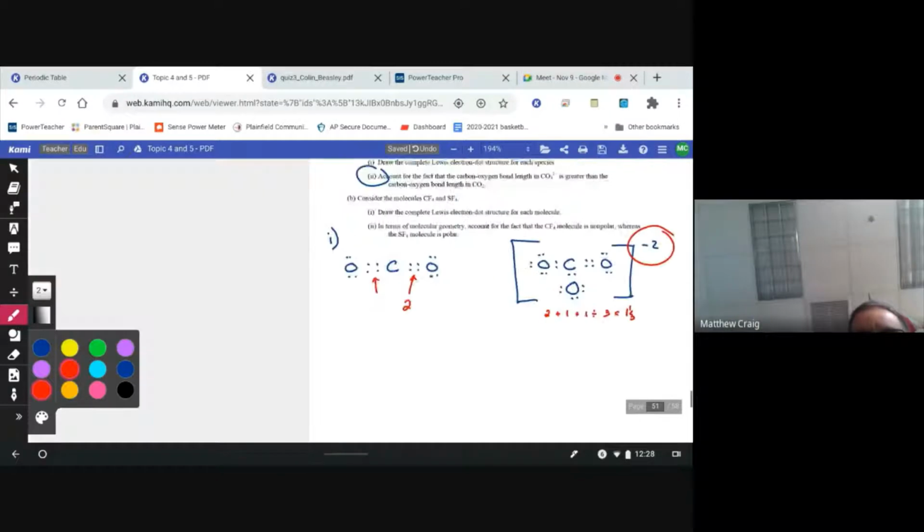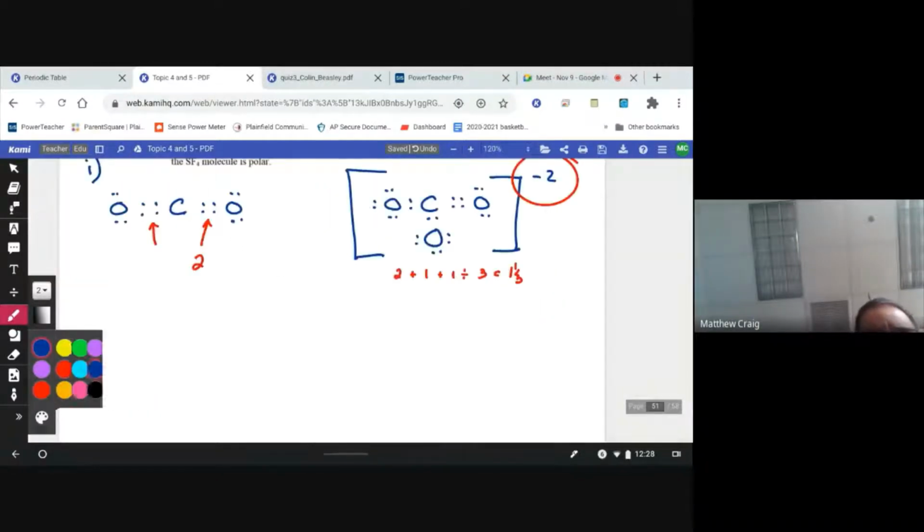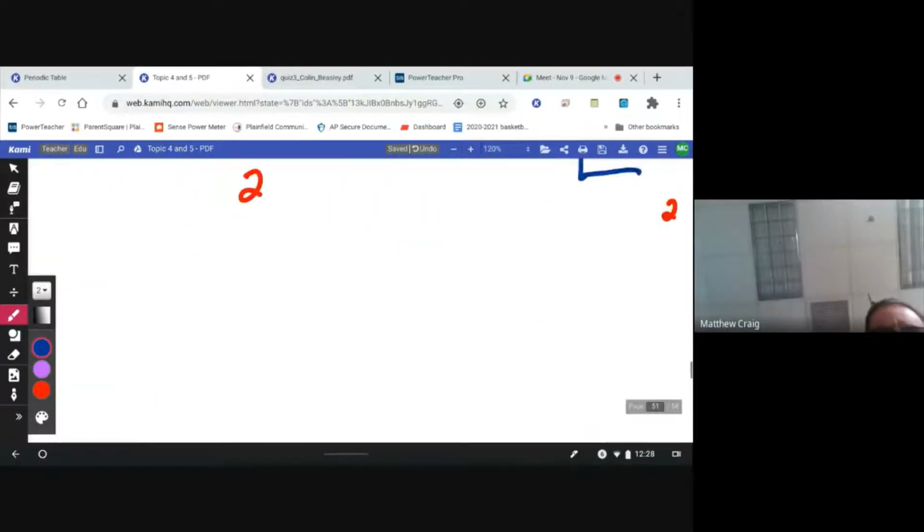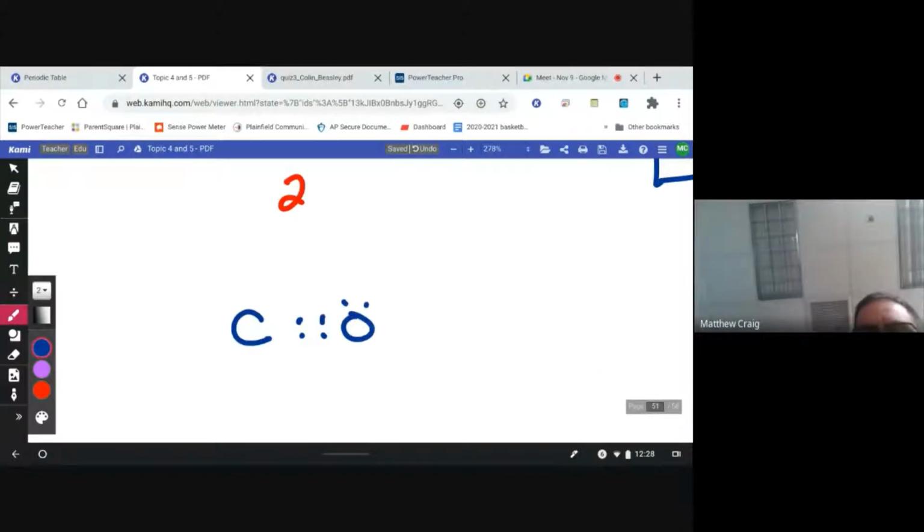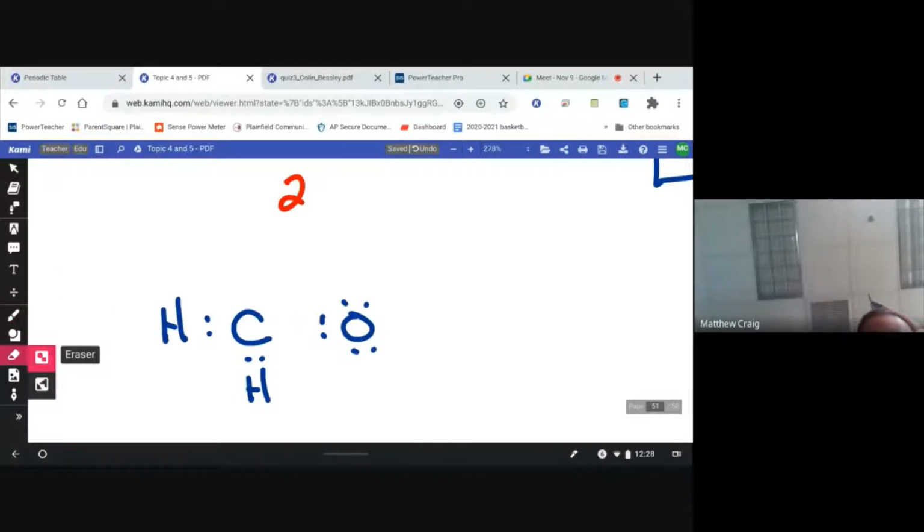Also, let me throw out another shape here and ask you if this could have resonance. Is it possible for this to have resonance? Kaylee's shaking her head no. Why? Hydrogen and carbon, and carbon will never have a lone pair.